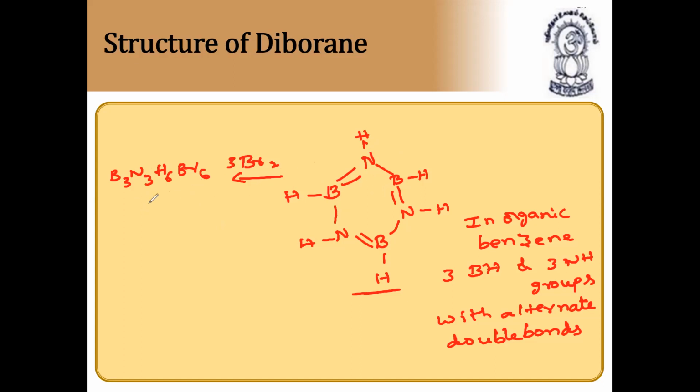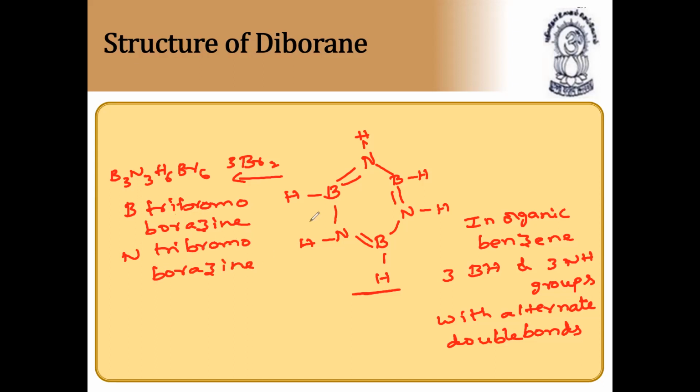So it forms B, that is boron tribromoborazine, and nitrogen tribromoborazine. As I told you, a total of 6 bromines are added to 3 nitrogens and 3 borons. That's why it is B-tribromoborazine and N-tribromoborazine.